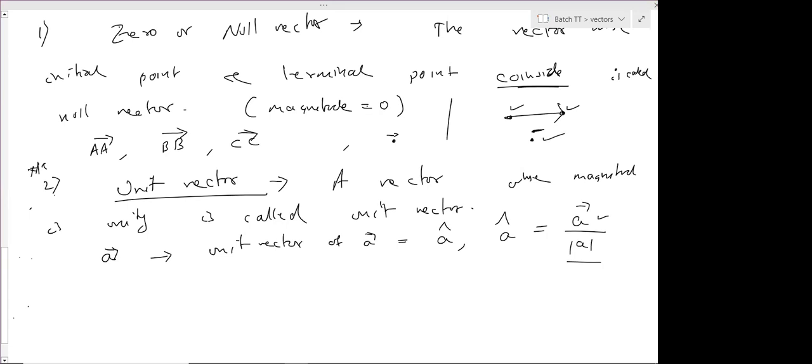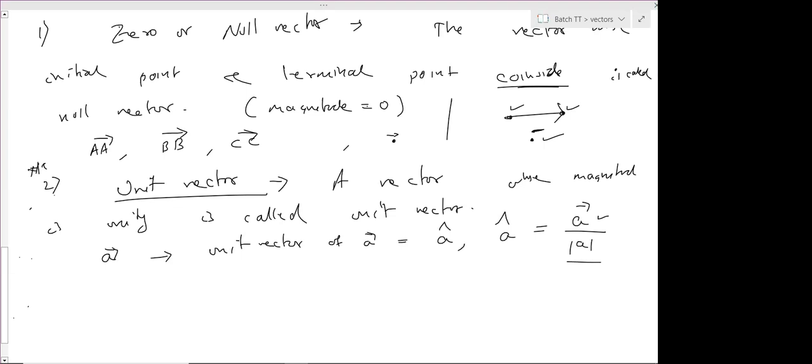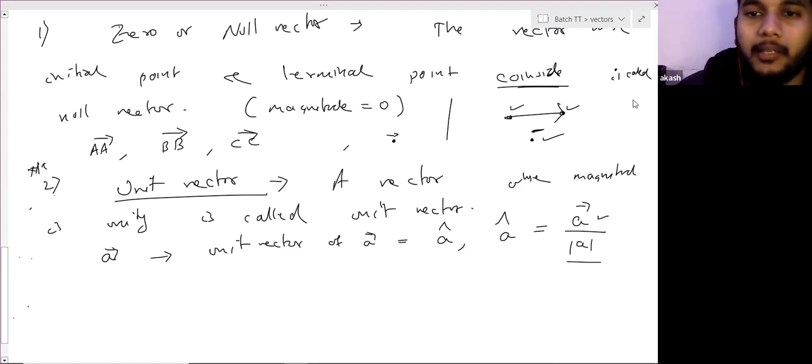Yes, sir. This would be called null vector or zero vector. And please remember that null vector has no direction, right? If they ask you ever a 1 mark question, maybe null vector, zero vector has no direction or any direction. All right, done writing this?